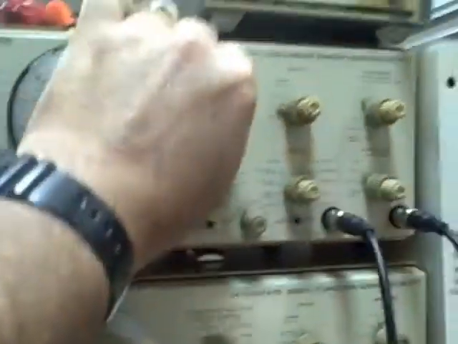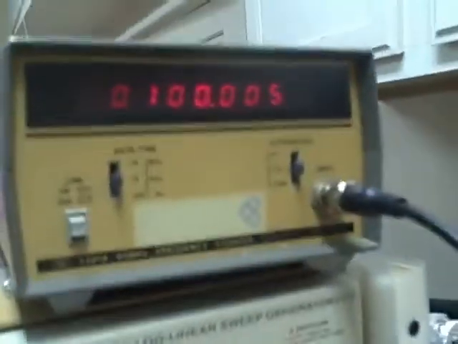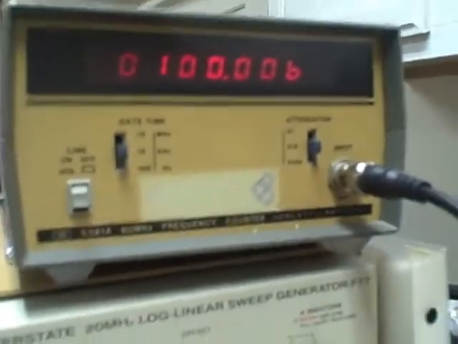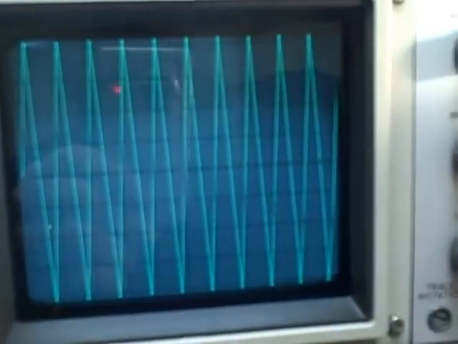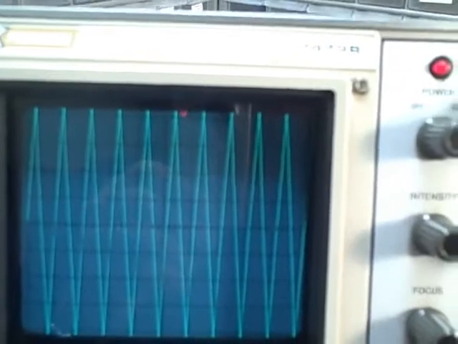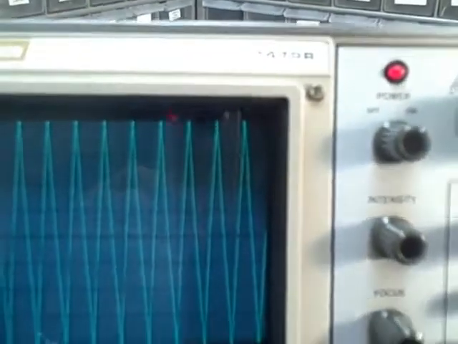If I kick myself up another decade, we are now reading 100 kilohertz. I see that I have a full cycle in every division, up, down, 1 division. And that's at 10 microseconds per division.